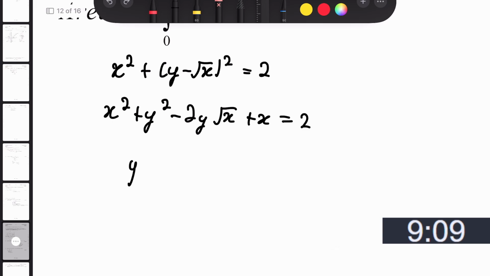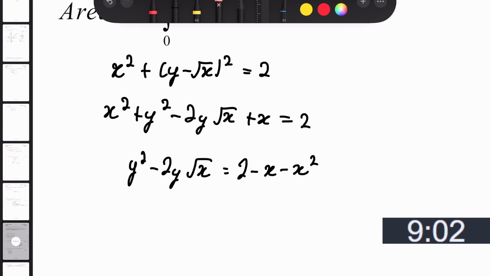Let's do y squared minus 2y square root of x is equal to 2 minus x squared.